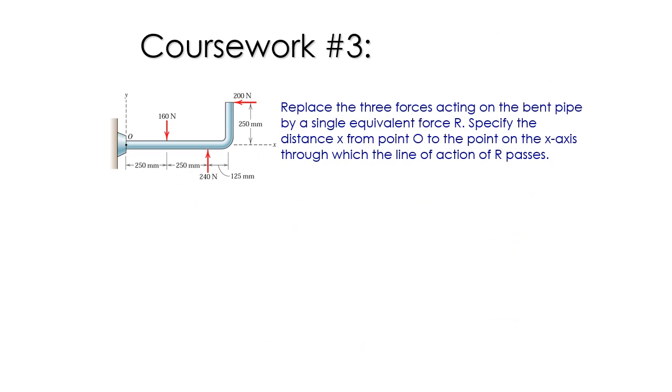So for coursework number 3, you need to replace the three forces acting on the bent pipe by a single equivalent force R, then specify the distance x from point O to the point on the x-axis through which the line of action of R passes.